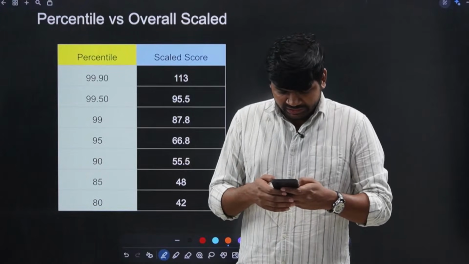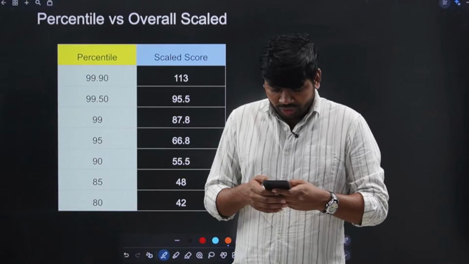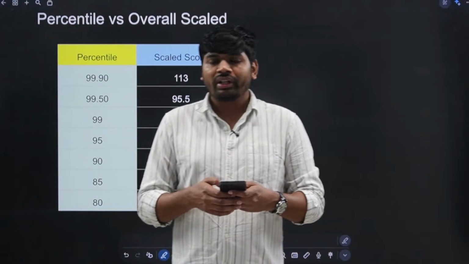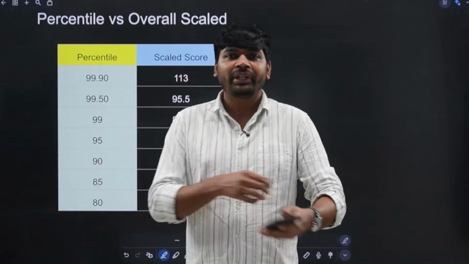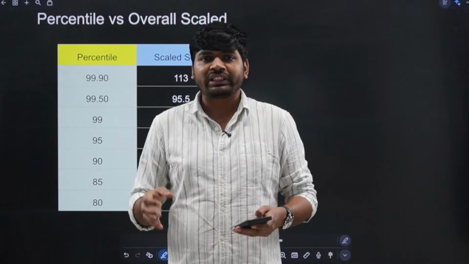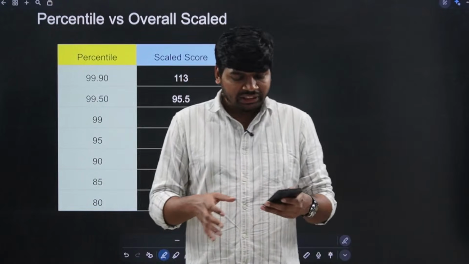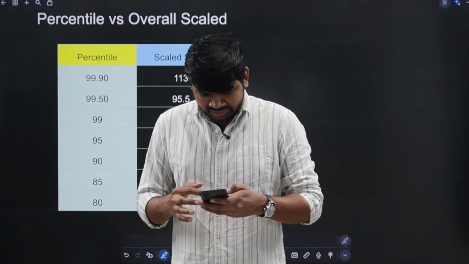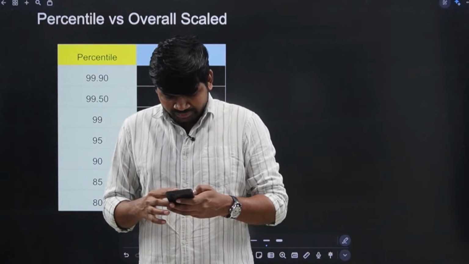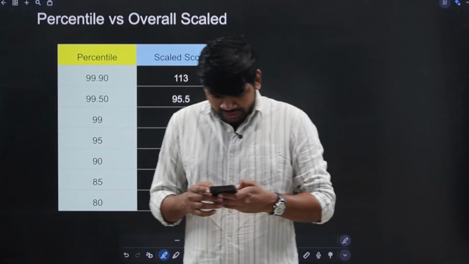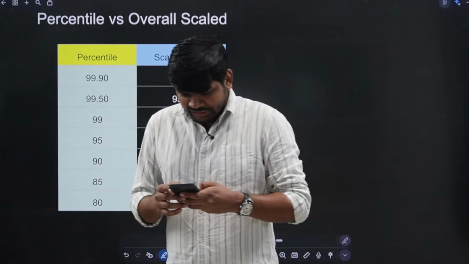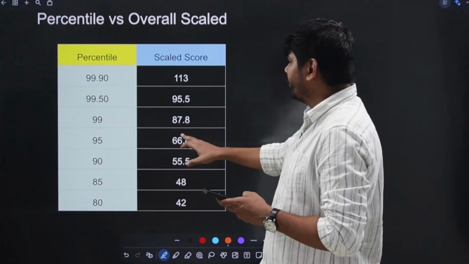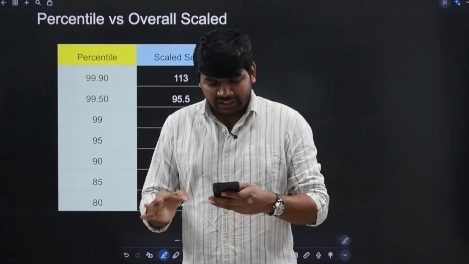The slot 1 LOD question is wrong. Yes, we think that answer is wrong, and once the CAT authorities confirm and accept it, only then will your score increase. 68 marks in slot 2: 68 marks will be above 95 percentile if it is the scaled score.